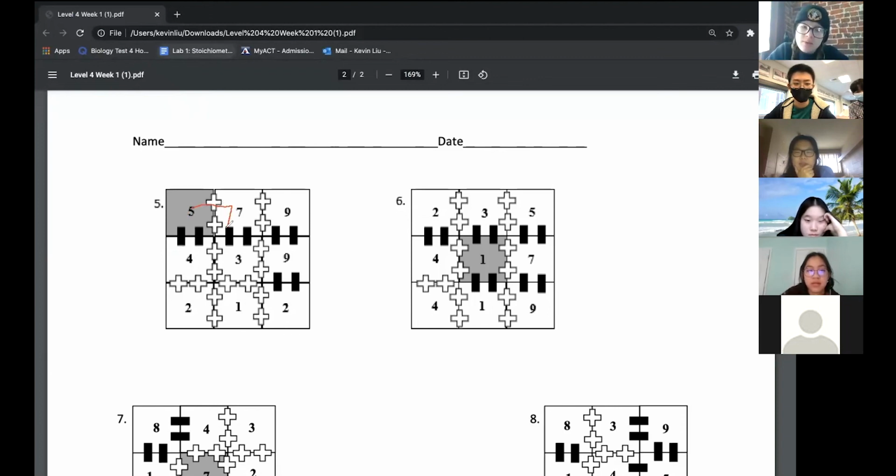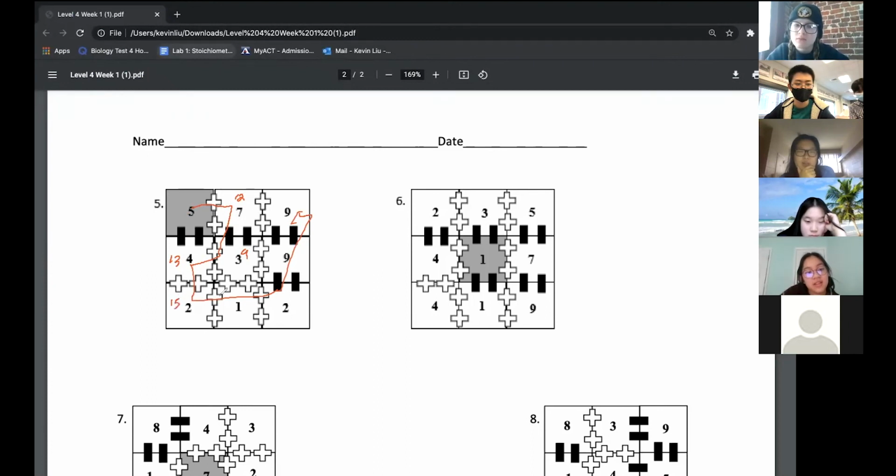So 5 plus 7 is what? It's 12. And then minus 3 would give us 9, right? And then plus 4 would give us 13. 13 plus 2 would give us 15.